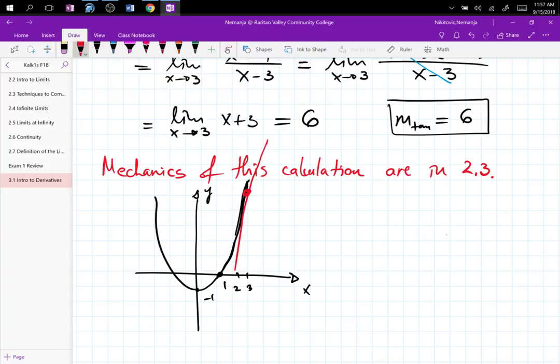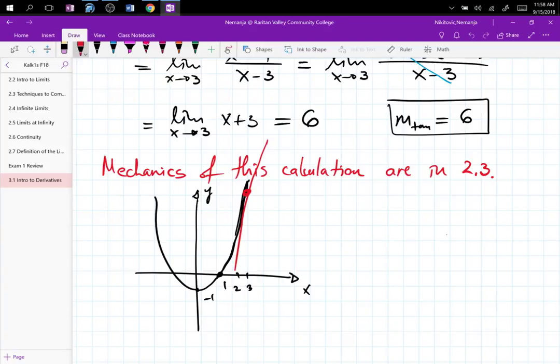The solution solely depends on your skills from 2.3, which are all different types of limits that you factor, cancel, rationalize. Whatever magic you learned in 2.3 will be applied. We are not learning any new methods of calculating things. We're going to apply all of 2.3 to solve without adding anything new.